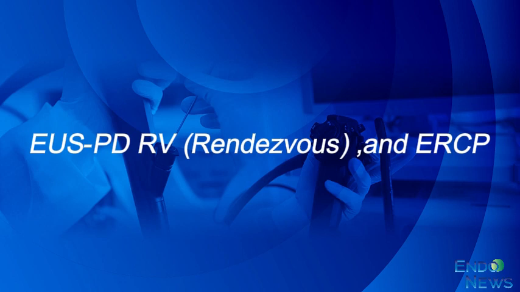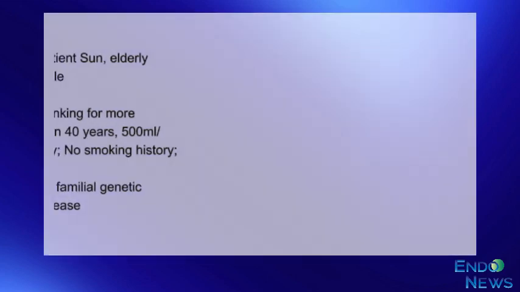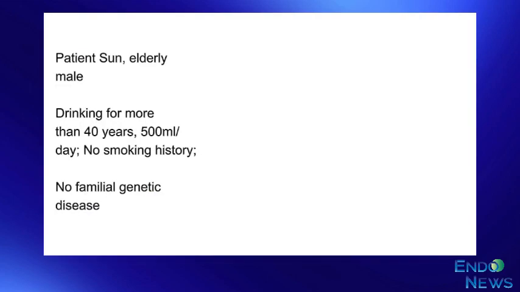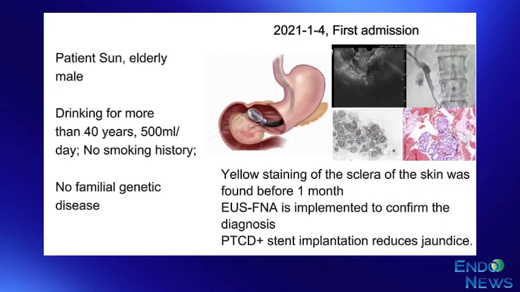Now, I show a case. One month ago, I completed a treatment using the EUS-RV technique. At the patient's first admission, 3 months ago, the patient had jaundice due to a pancreatic malignant tumor invading the CBD. Before admission, ultrasound-guided external drainage was performed.